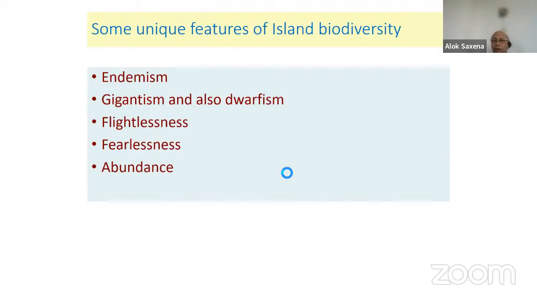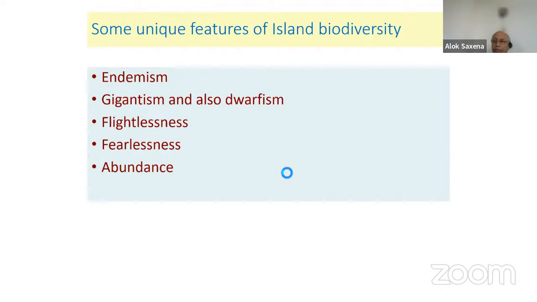A very important point is gigantism and dwarfism. You might have heard about big island birds like dodo, solitaire, elephant birds, New Zealand's moa. Most of the island birds which have become extinct were quite big, very heavy in size. And Darwin also saw a lot of giant tortoises.